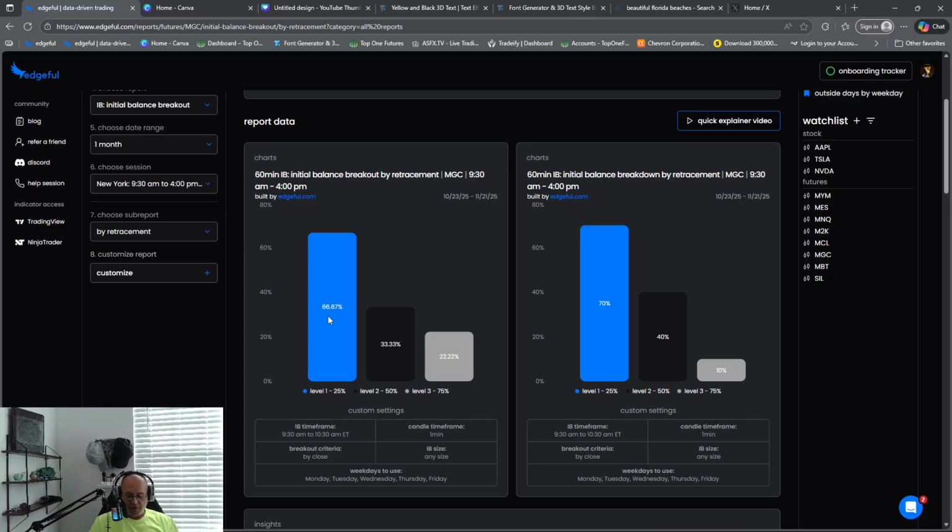I got a little reflection on my screen there. So 66% of the time, retrace to the 25%, we have to expect 66% of the time. Okay, and you'll see later on how that works together.